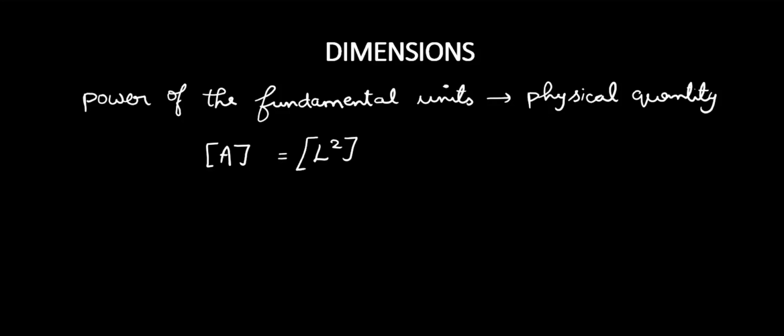So if you see, the power of the fundamental unit length is 2. We have discussed the fundamental and derived units and SI units in our previous lessons. If you have any doubts, you can watch those videos. So for area we have length square, and this is called a dimension.